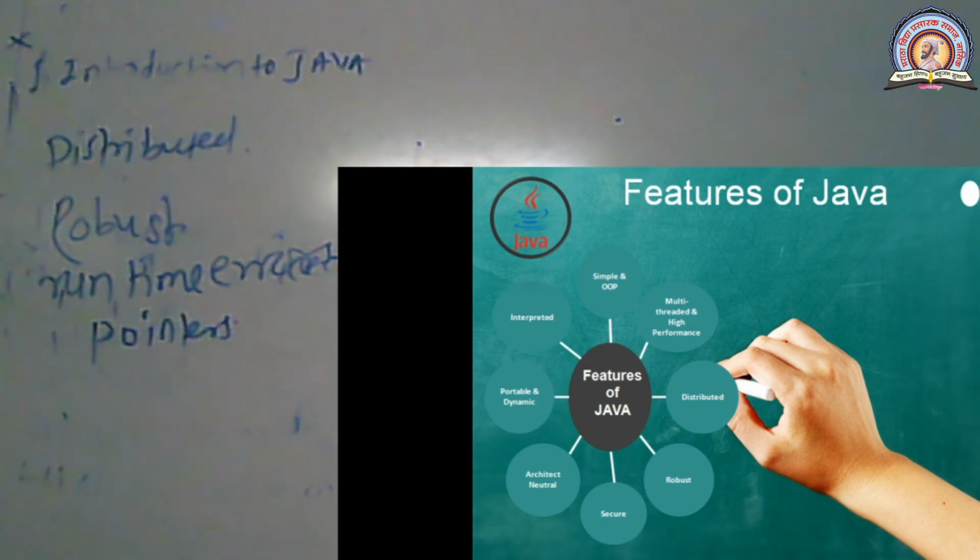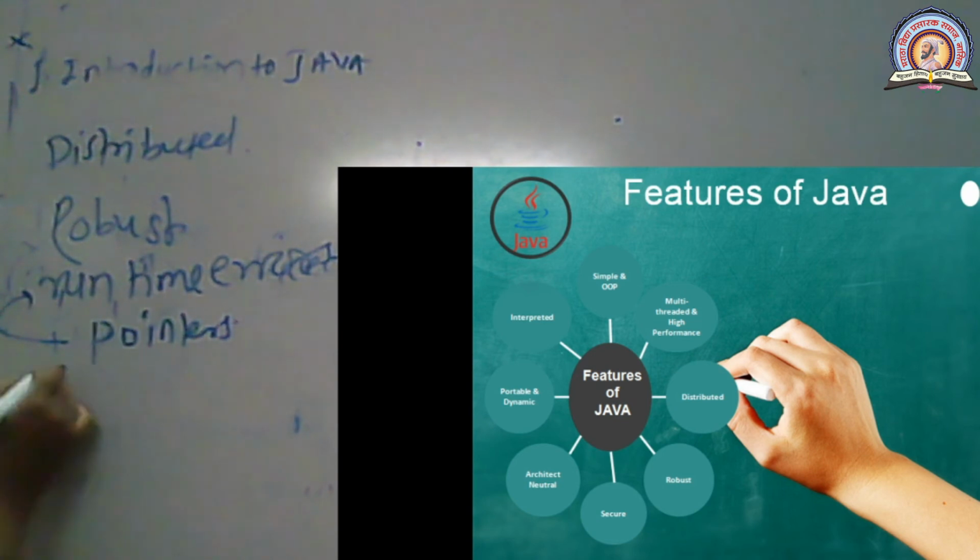That means the memory which is allocated dynamically at runtime is collected automatically, and that is called garbage collection. Collected means it is freed automatically after the execution of the program, so that other programs can use that memory. That's why the runtime errors are reduced in Java, so it is a robust one.